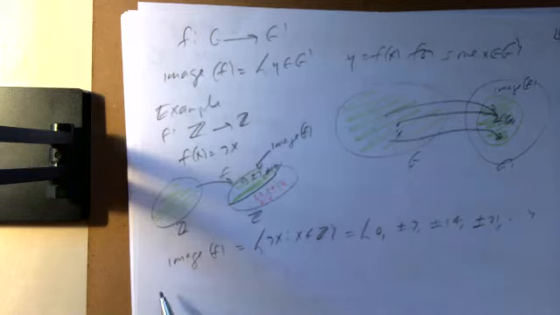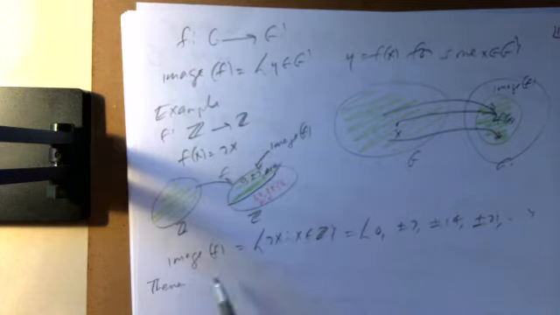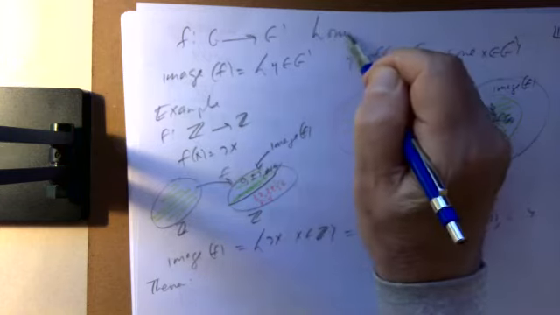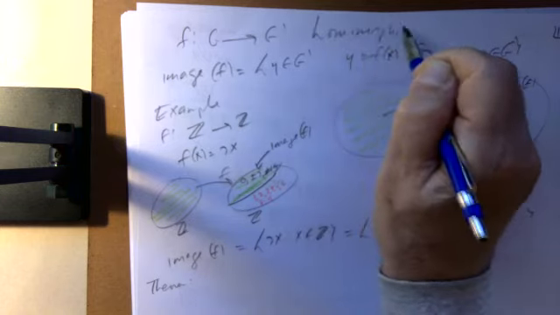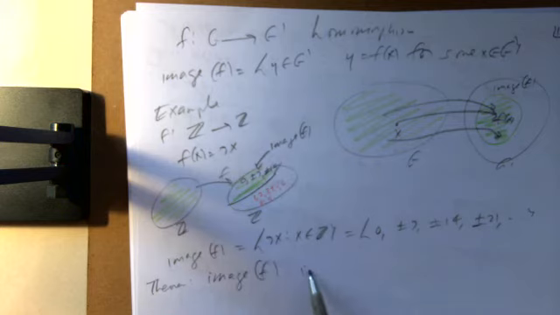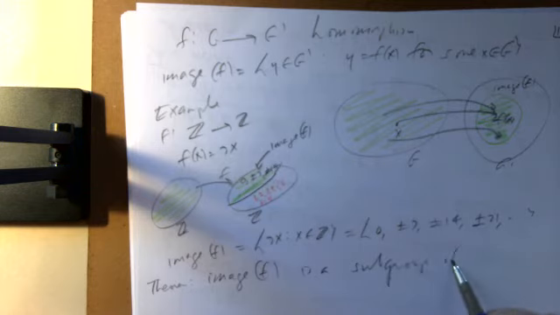And there's a nice statement, a theorem if you like, which says that when you have a homomorphism f from G to G prime, the image of the homomorphism f is a subgroup, generally not a normal subgroup, but a subgroup of G prime.